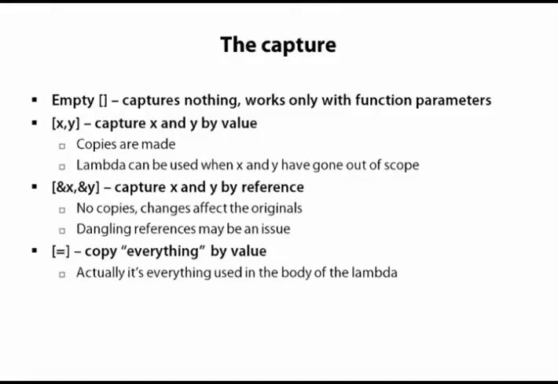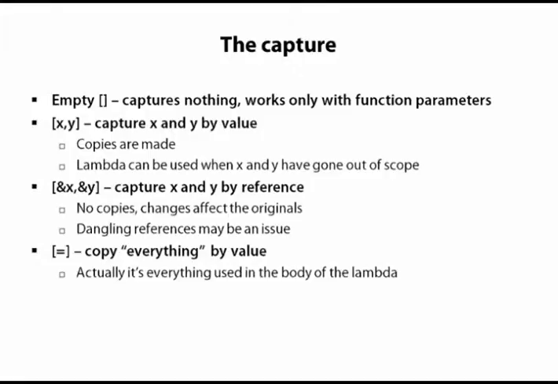A couple of shortcuts. If I type an equal sign inside that square bracket, we generally pronounce that as saying, oh, we're capturing everything, or we're capturing the whole stack. To be fair, the code that generates the anonymous function object for you actually goes through and looks and sees what you need. So if you access 3 things from local scope in the body of the lambda, there'll be 3 member variables corresponding to those 3 things.